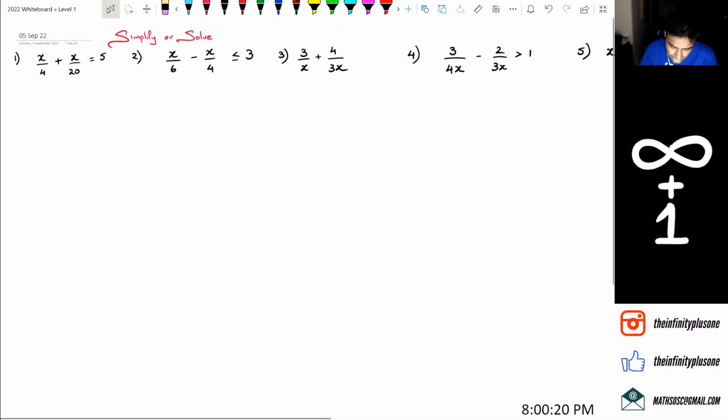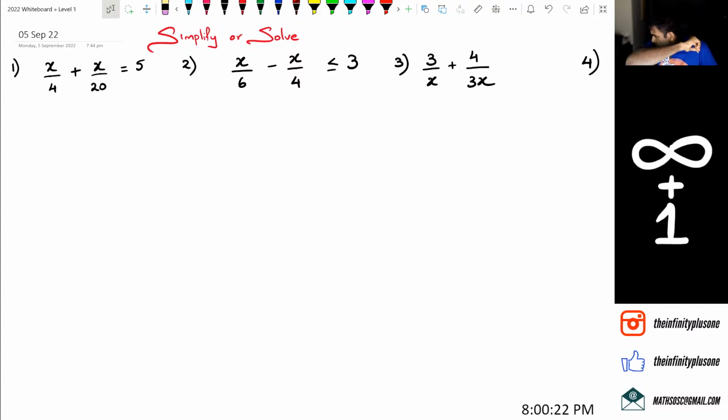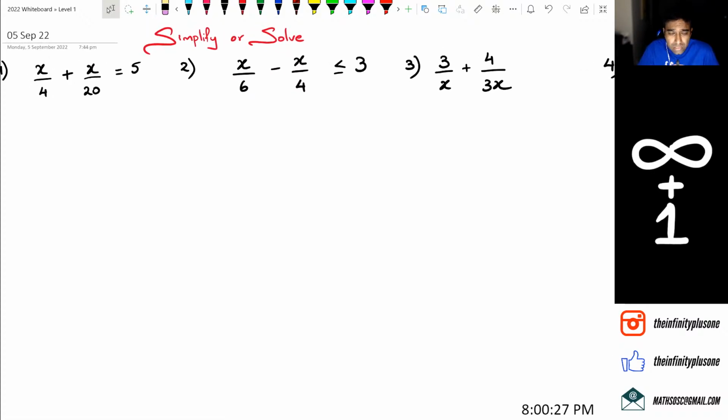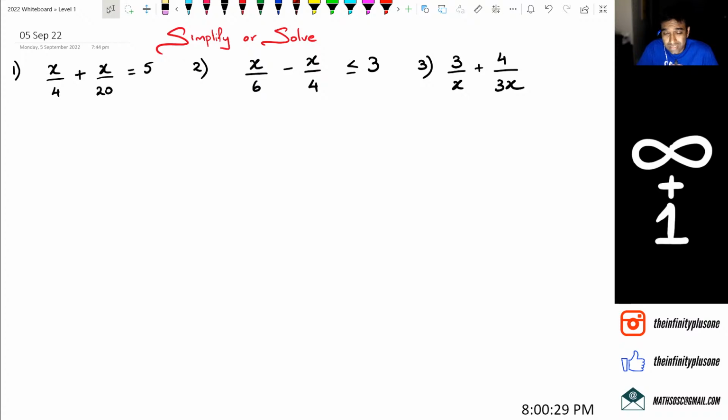One question type that I like to spend a lot of time on is these fractions, because they keep bringing up these fractions questions, where you have to solve to find x, or sometimes they have inequalities in them.